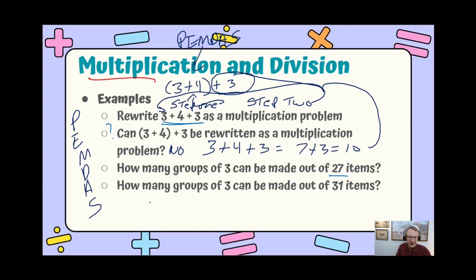So let's think about how many groups of 3 we can get out of 27 items. I'm going to model this with hash marks, 1, 2, 3, 1, 2, 3.